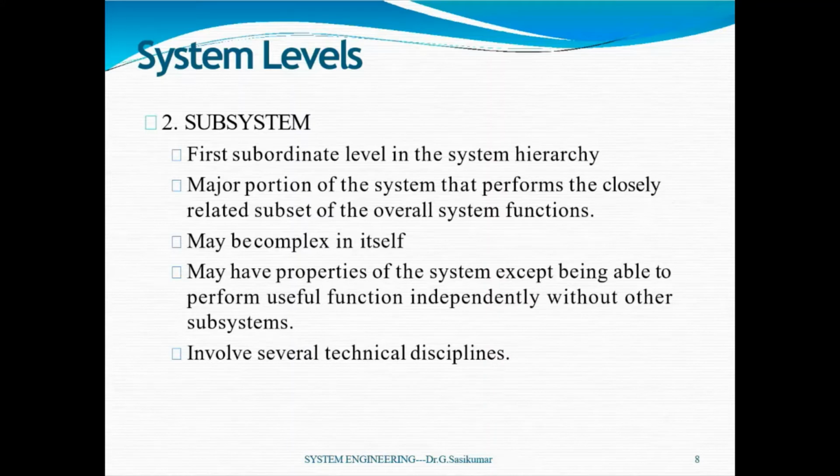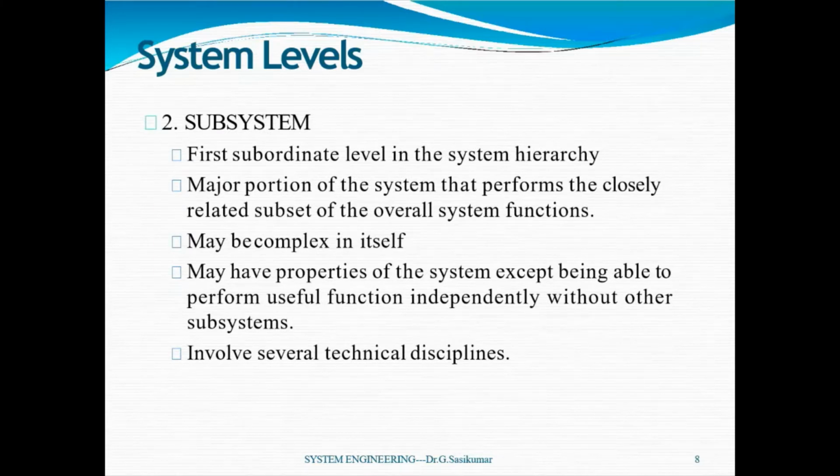So what are subsystems? Subsystems are very simple. They are subordinate. Say there is a director in a college or maybe an MNC. Followed by the director, we have a manager. The manager is one of the subsystems. We have the main system, subsystem, then components, subcomponents, and spare parts.